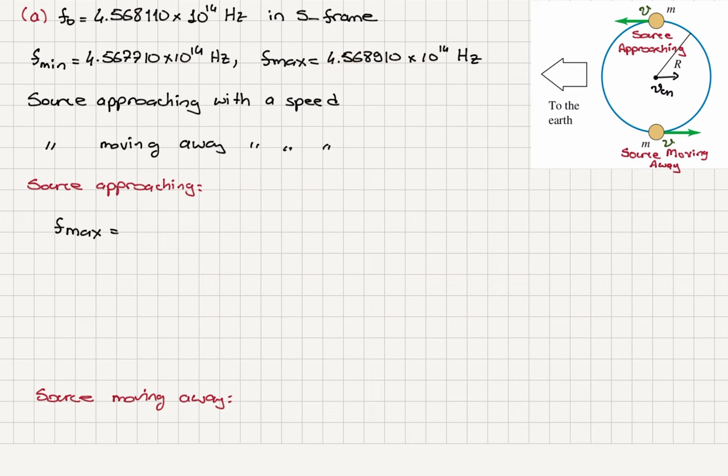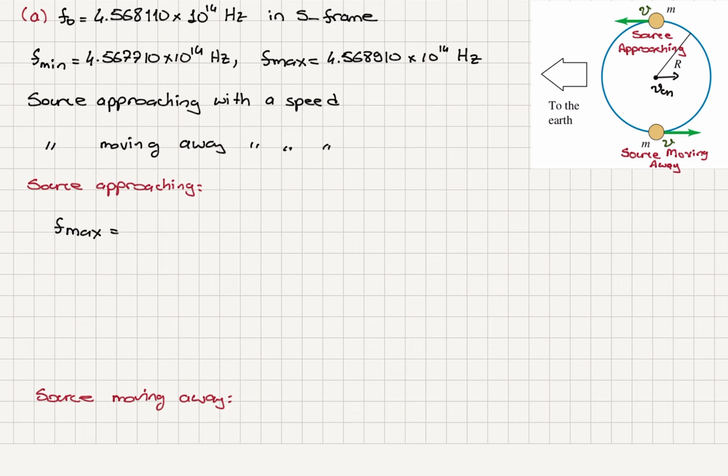Let's say that the top star is moving with a tangential speed v and the bottom star is moving with a tangential speed v on this circular orbit. And as a whole, this system has a velocity of the center of mass that is directed away from the Earth observer in this convention.